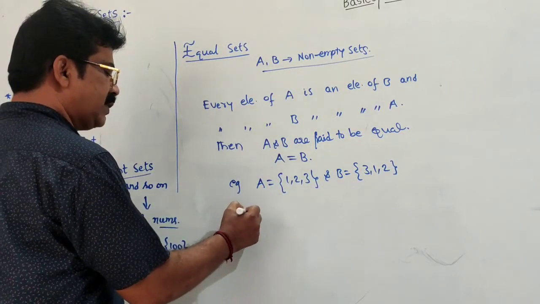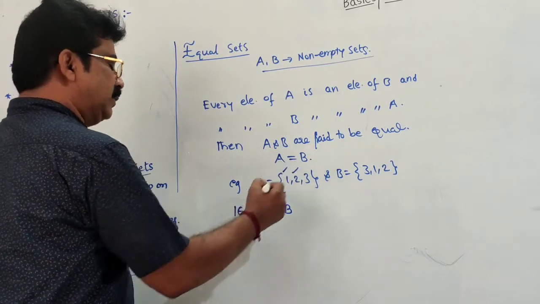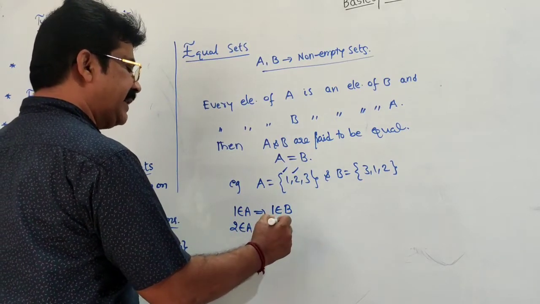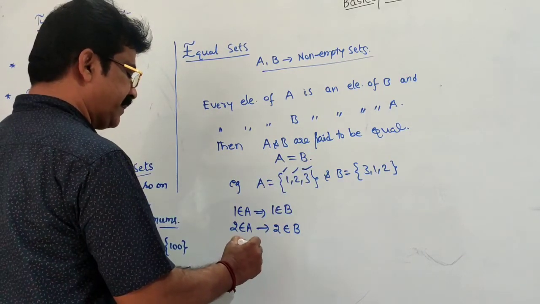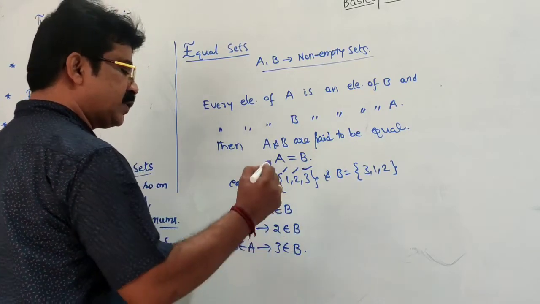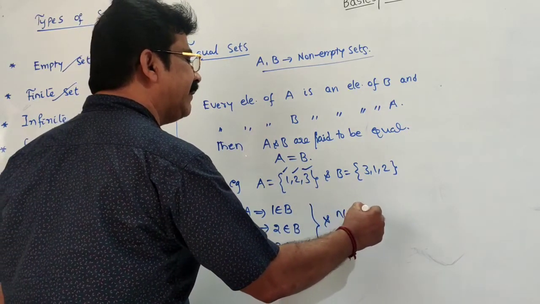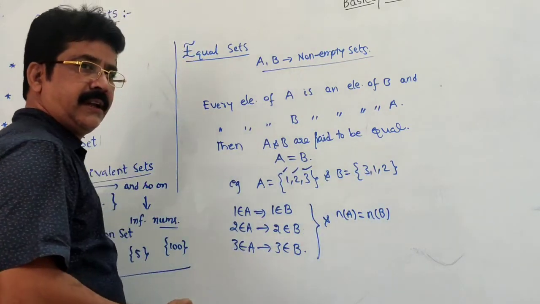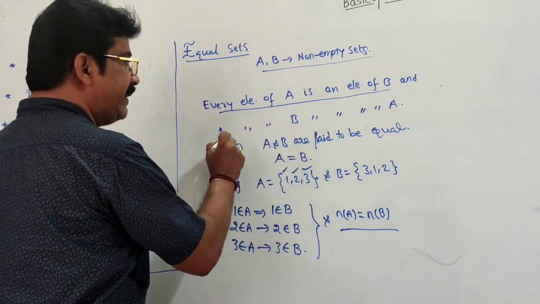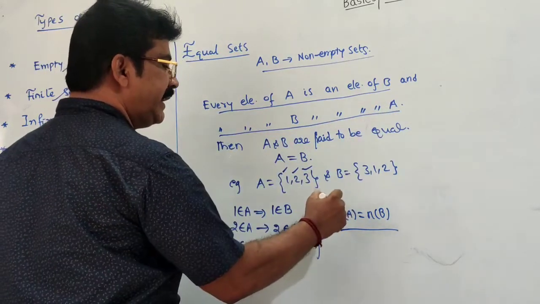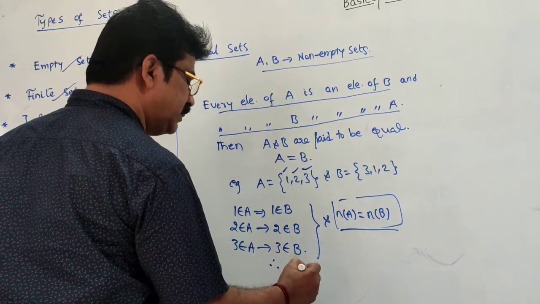Here 1 belongs to capital A, which implies 1 also belongs to capital B. Next, 2 belongs to capital A, which implies 2 also belongs to capital B. Next, 3 belongs to capital A, and 3 also belongs to capital B. And n of A is equal to n of B. Whenever every element of A is in B and every element of B is in A, automatically n of A equals n of B. Therefore we can say that A is equal to B.